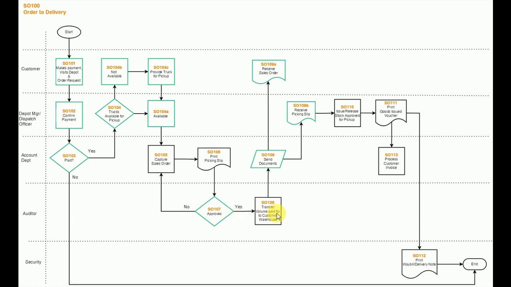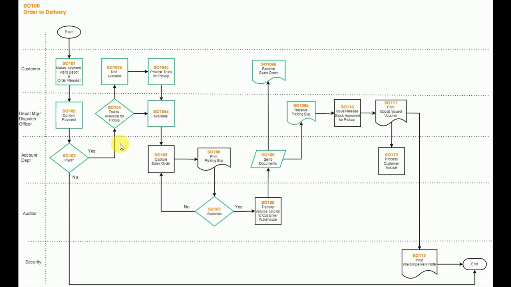Otherwise, it moves on. If it moves on, there is a process that has also been added here, which means that the auditor would have to transfer. So the system as at now does not have an approval level. So this process would have to be done out of the system.